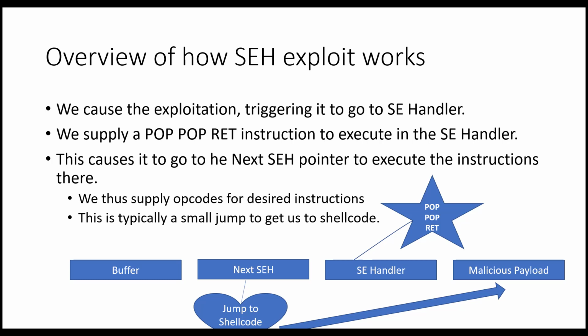We don't care what it's popping, just as long as it has 2 pops followed by a ret. And then that will cause the NSEH to then go and execute the instructions that are located at NSEH.